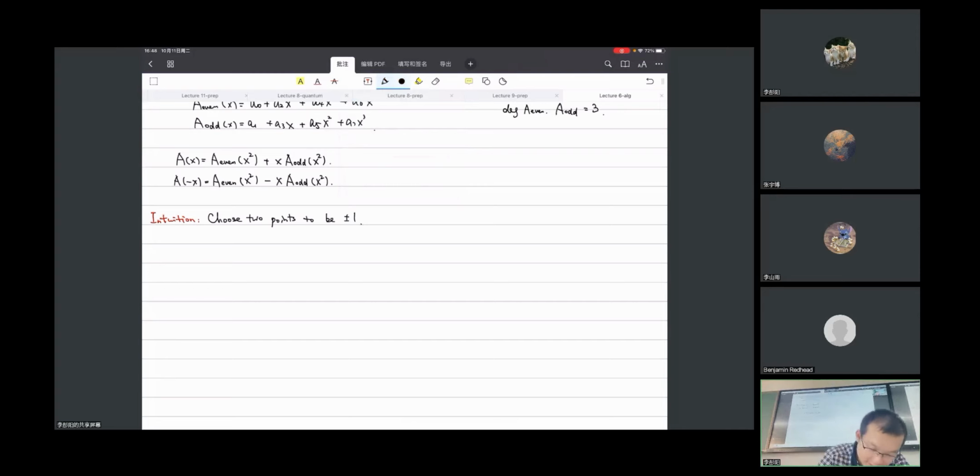By doing that, we know that A(1) equals A_even(1) plus 1 times A_odd(1), and on the other hand, A(-1) equals A_even(1) minus 1 times A_odd(1).